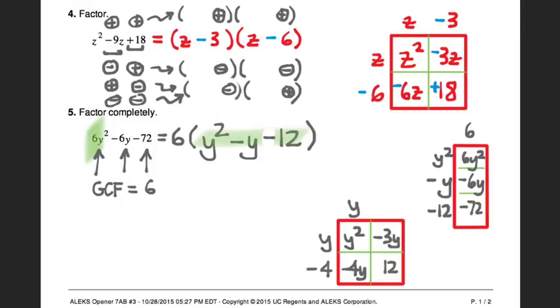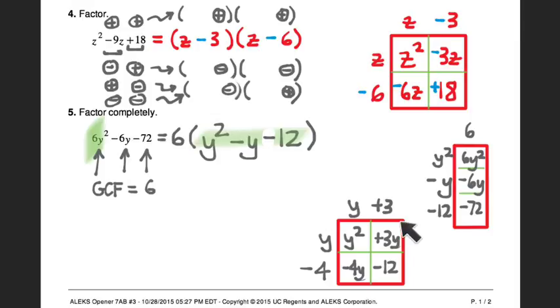Which is really good. It totally saves our bacon in this problem, and it gets us much closer to the answer that Brittany was just telling us about in the first place. So the 12 is negative. And given that 12 is negative, what's the factorization that we want in order to get the middle term to be negative 1y? Minus 4 and plus 3. Right?